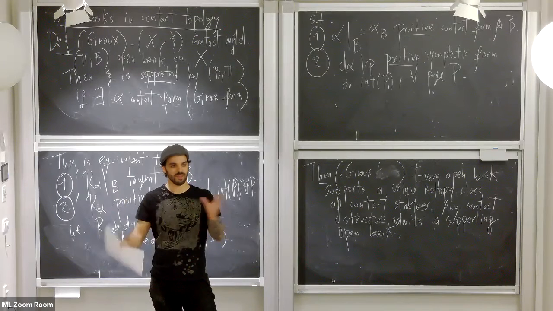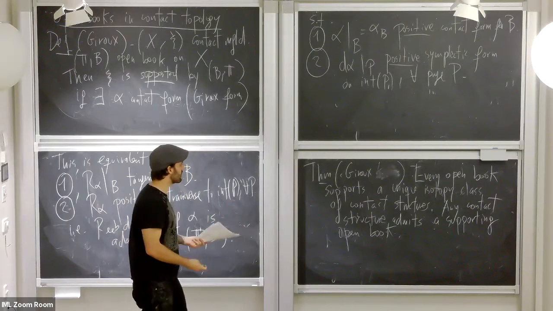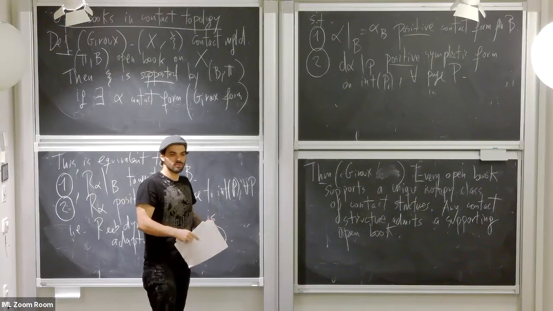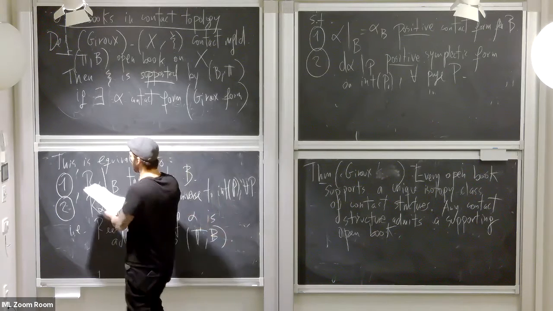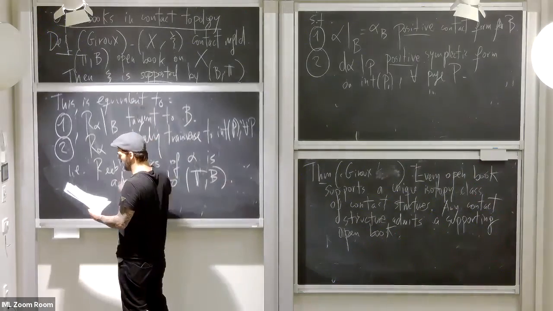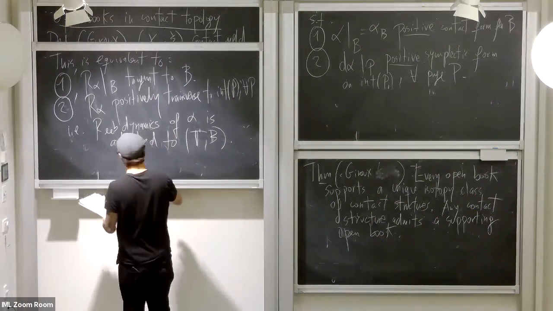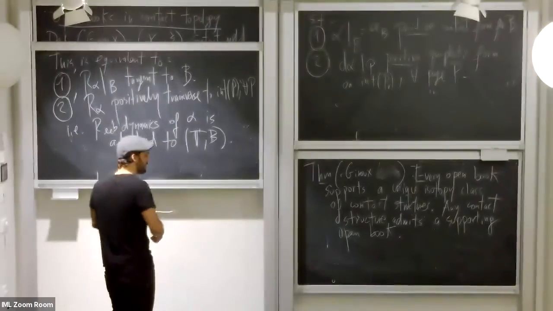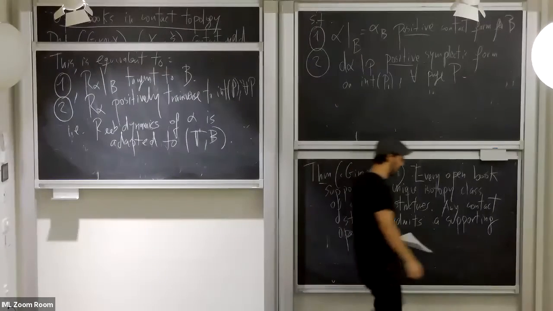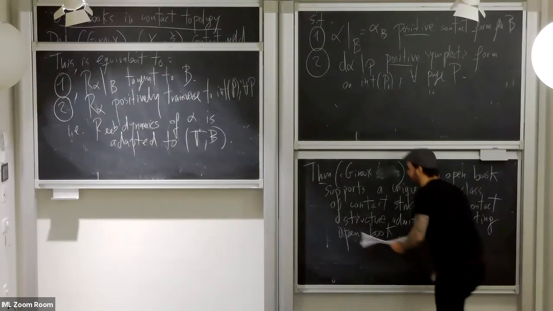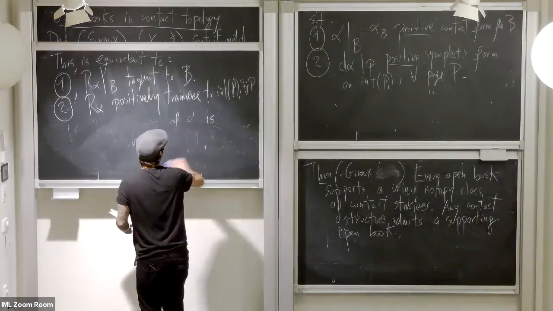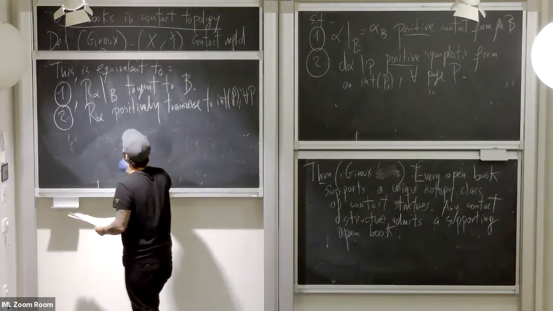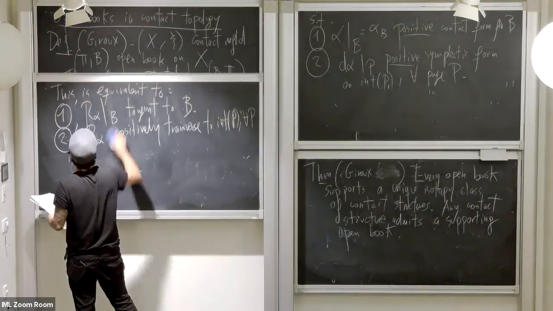So in some sense, Giroux wasn't really doing dynamical systems. And here, an isotopy is just a smooth path of contact structures, which by a theorem called Gray stability, if you have two isotopic contact structures, then they're actually isomorphic.